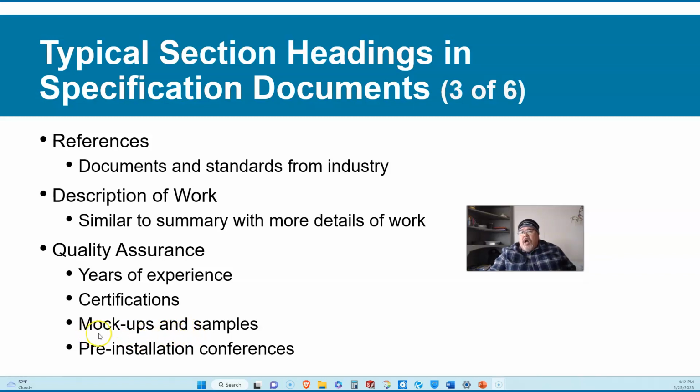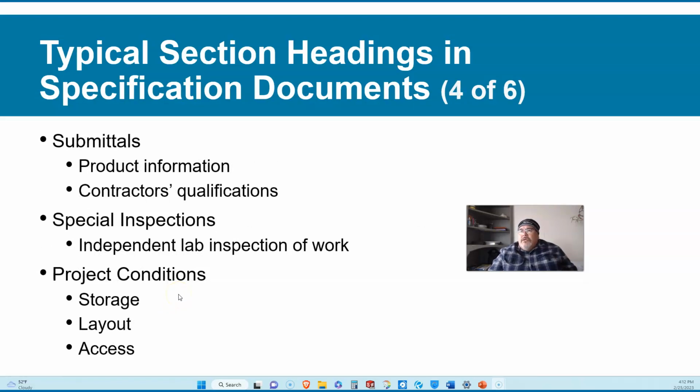You want to see mock-ups or samples, or have some sort of pre-installation meetings, be able to go over with you, to ensure the assurance, to make sure that not only you get the quality, but you get that assurance. So there's a process that allows for things to happen in a certain way.